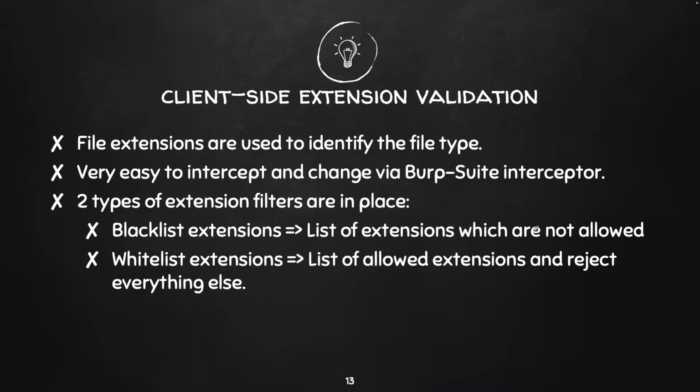Also, one thing to mention here is there are two types of extension filters which are generally in place. First one is your blacklist extension, and second one is your whitelist extension. The blacklist extension contains a list of extensions which are not allowed. Let's again take the example of an image file.